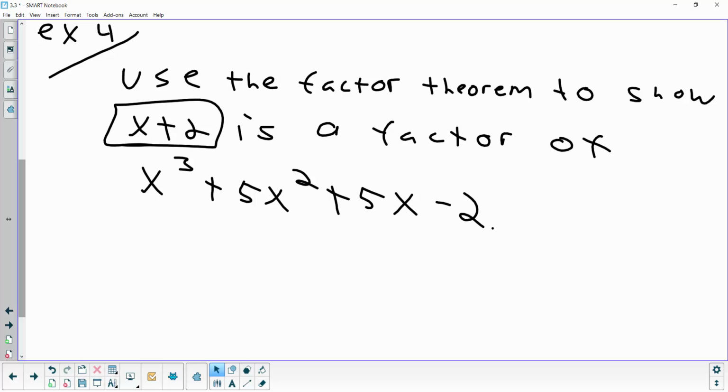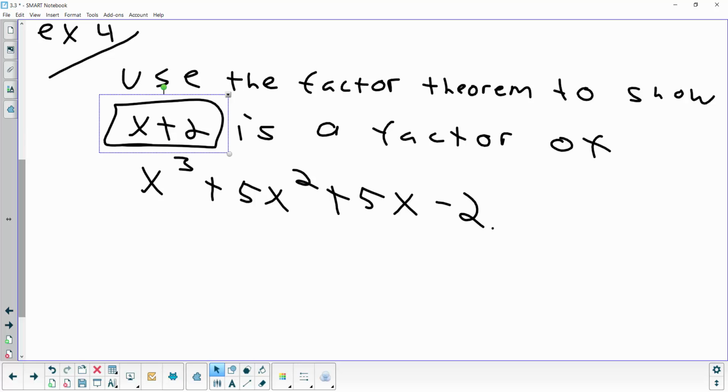What number, now be careful, what number would I plug in for x to show that that is a factor? Or what number would I plug in for x here to find the remainder when I divide by x plus 2?